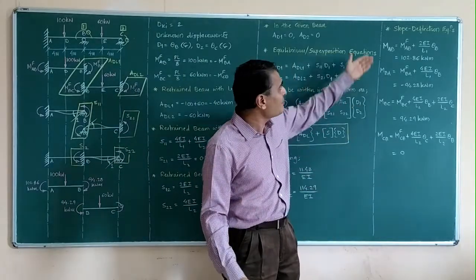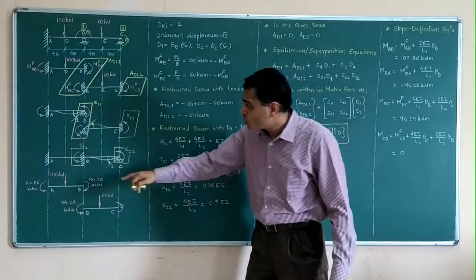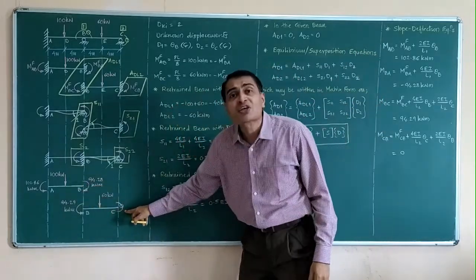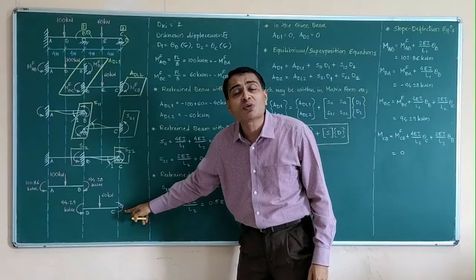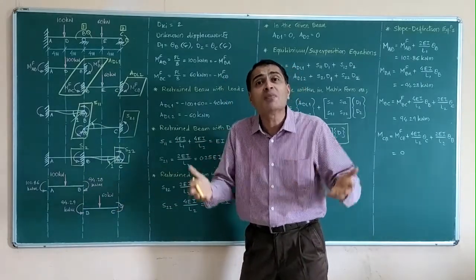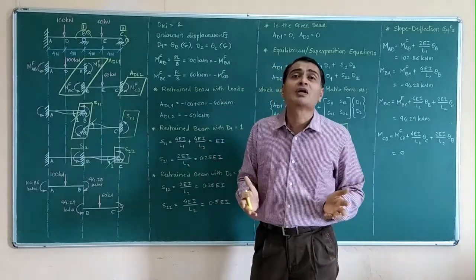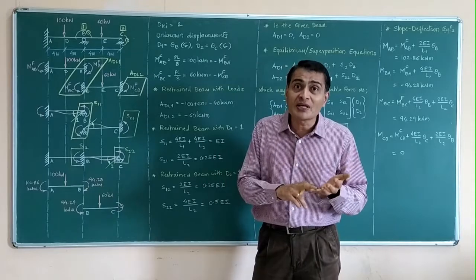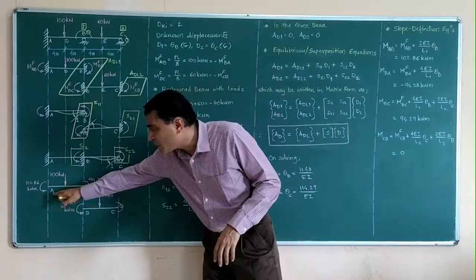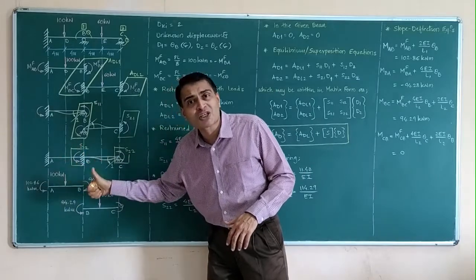Once you have M of AB, M of BA, M of BC, M of CB, draw the FBDs. These are partially complete FBDs because I have not shown end shears, because to draw BMD by superposition I don't really require end shear. But if I want to draw SFD, then of course sigma M about A and sigma Fy equal to 0 will give me VA as well as VB.